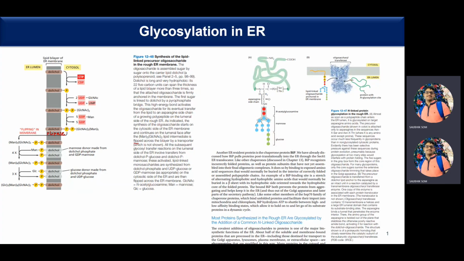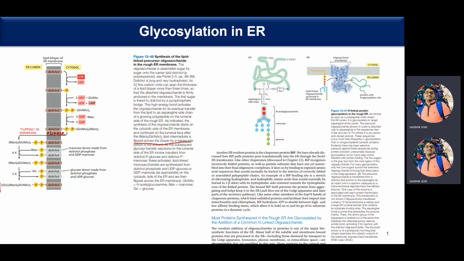This flips across the bilayer. So this flippase flips this dolichol phosphate molecule from the cytosol side to the lumen side. On that side also, 4 mannose groups as well as 3 glucose groups are added.